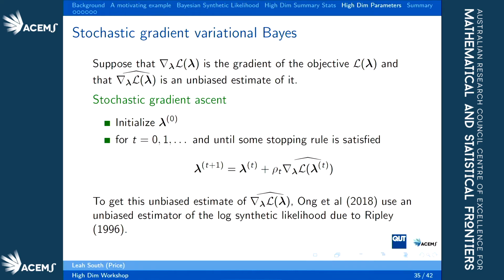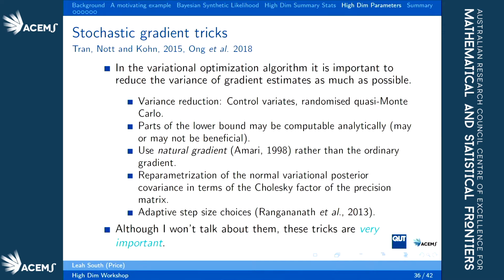It's good if you can get an unbiased estimate of this derivative term, and in the paper they use an unbiased estimator for the log synthetic likelihood. So theoretically that doesn't depend on the value of n. There are lots of tricks that you can use to improve the efficiency, for example, including control variates, computing some parts analytically, reparameterization, and adaptive step size choices. But I'm not going to go into details of all of that.